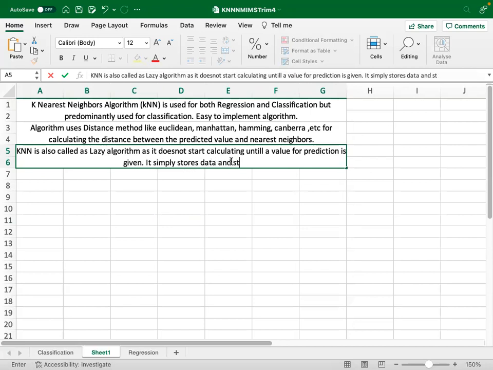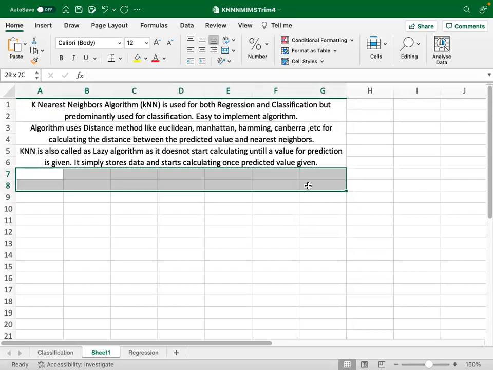Till the value is given, it will simply store the data. It will not do anything until a value for prediction is given to it. That's why it's called a lazy algorithm.